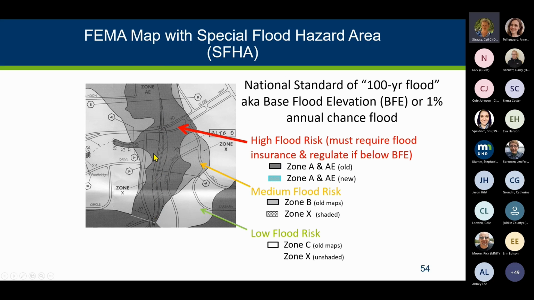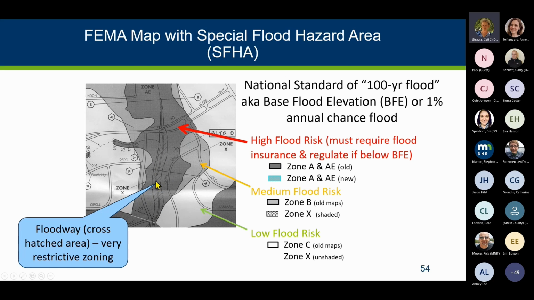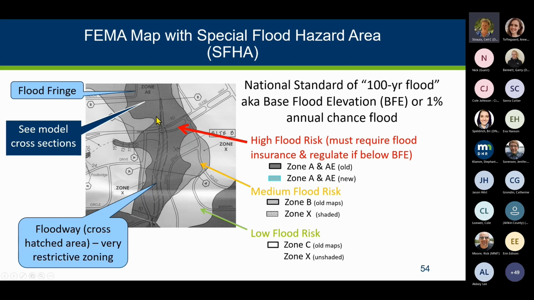On the older maps, that shows up as a crosshatch here. So there's that floodway there. And then the rest of the area in the 100-year floodplain is called the flood fringe. And while I'm looking at this map, I'll point out that the cross sections are on the maps. These cross sections that are in the models that Ann was showing, typical cross sections in a model there.